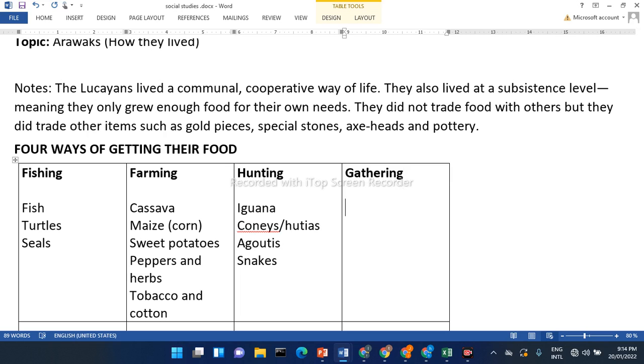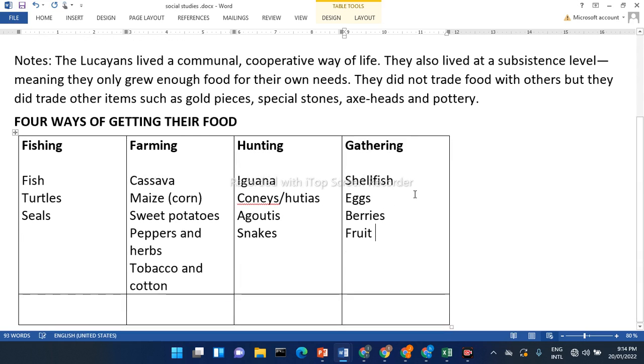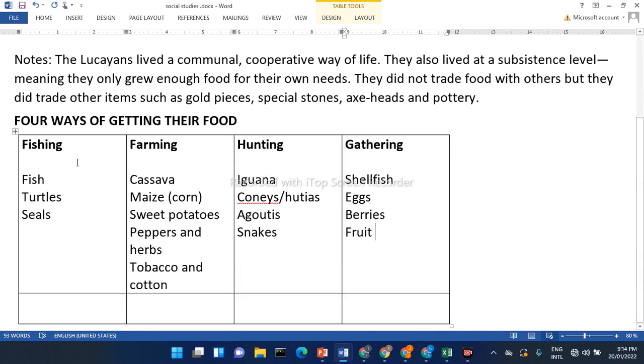Now, what did they gather? They gathered shellfish, they gathered eggs, they gathered berries, and they gathered fruit. All right. So these are their 4 ways of getting food: fishing, farming, hunting, and gathering. And the things that they used to fish for was fish, turtles, and seals.